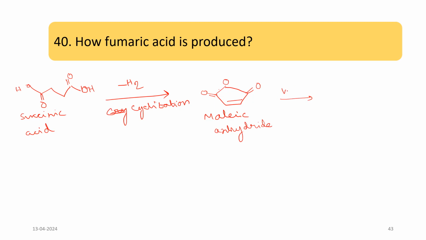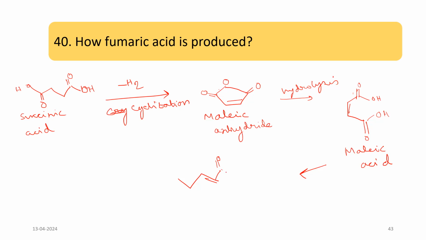Next, we are doing hydrolysis. It will produce maleic acid. Now from this we can produce fumaric acid. So this is the reaction of production of fumaric acid.